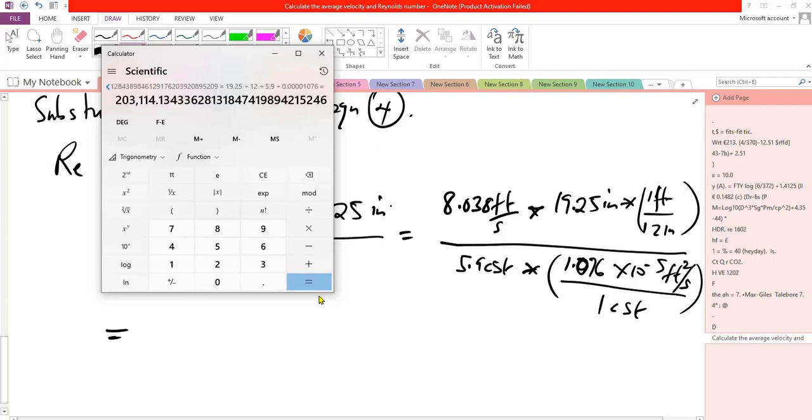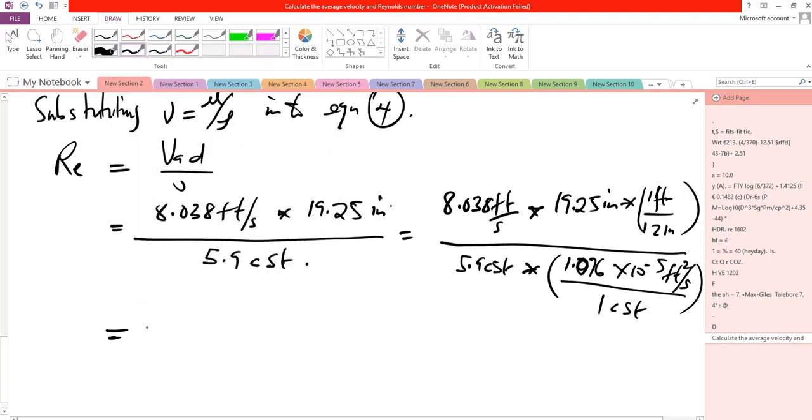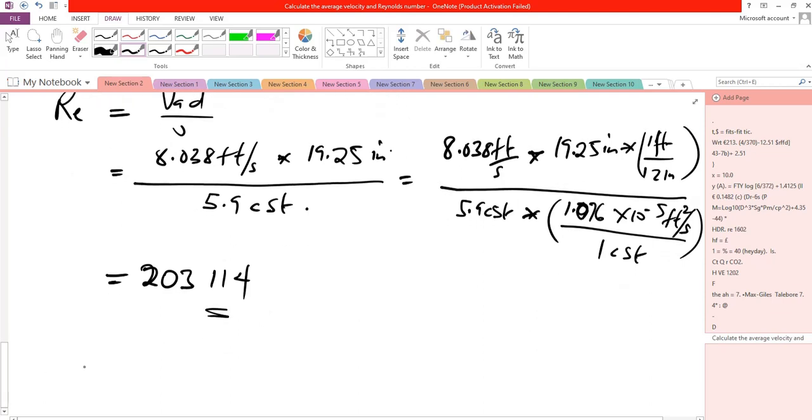So we now have 203,114 as our Reynolds number. Since the Reynolds number is greater than 4,000, this is a turbulent flow.